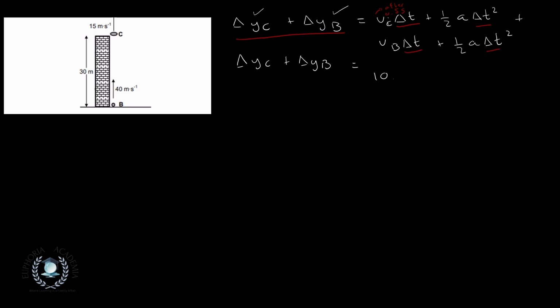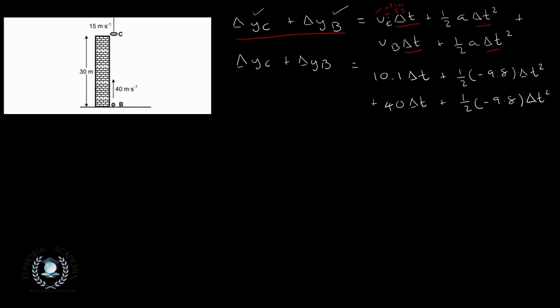Our VC is 10.1 multiplied by our delta t, this is what we're trying to find, plus our half. Now acceleration is still pointing downwards, and it's 9.8 delta t squared. That is going to be added to our initial velocity of our ball, which is 40 delta t plus half of our acceleration, which is 9.8 multiplied by the square of delta t.